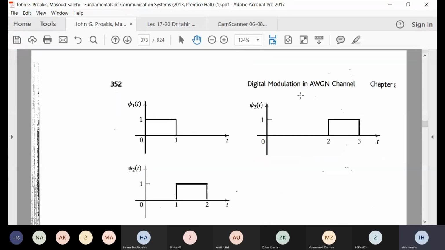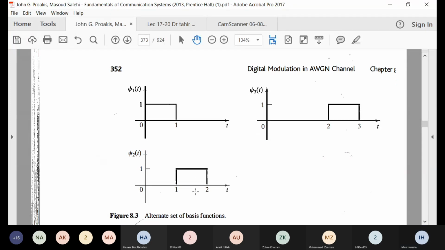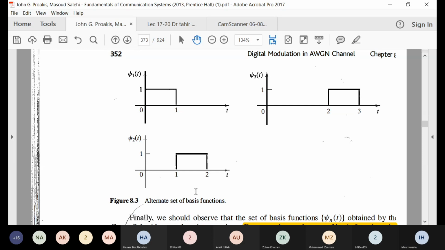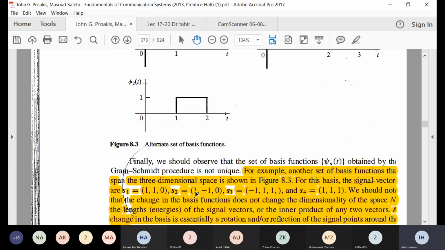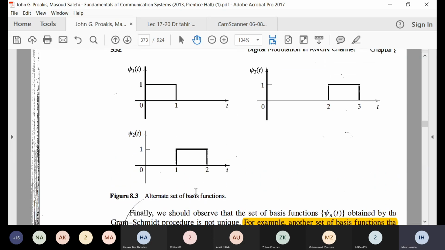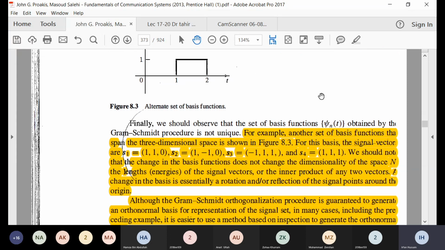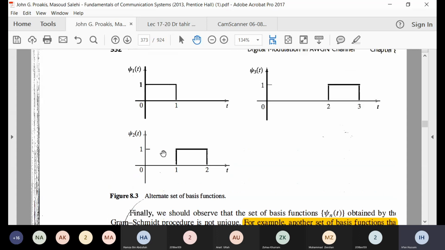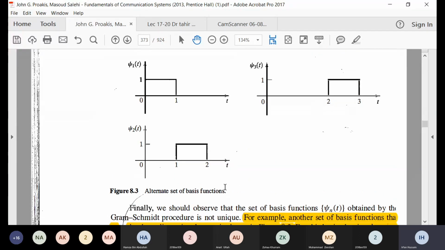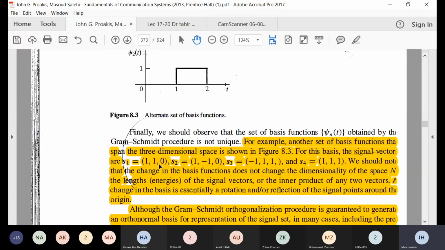So the projection of S3 onto psi 2 we have done. Projection of S1 onto psi 3, you can see this is 0, so it will give you 0, because it is only extending up till 2, while psi 3 is extending from 2 to 3. So that is why their dot product will be 0.